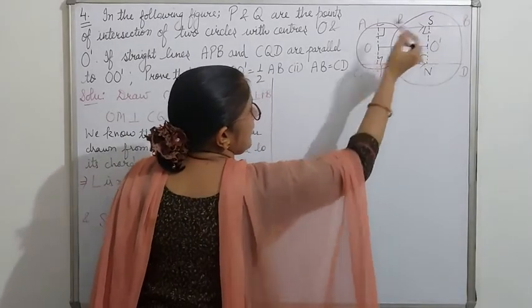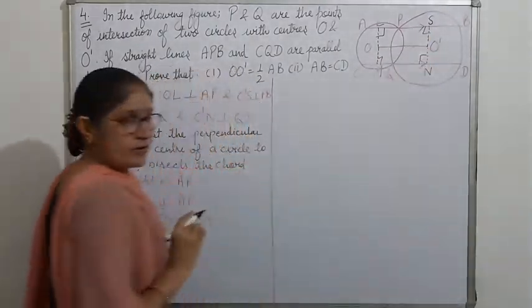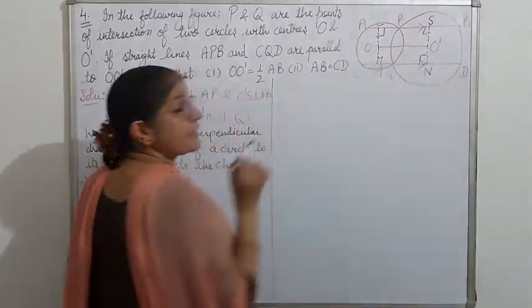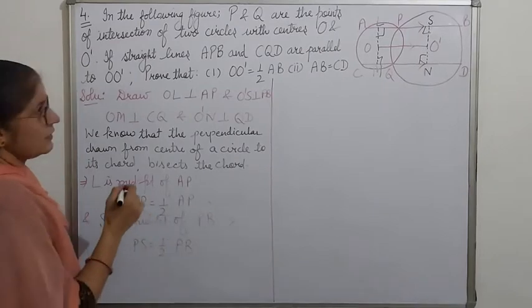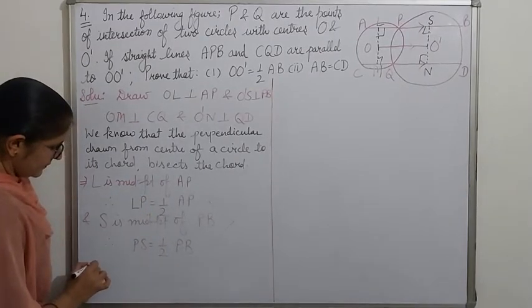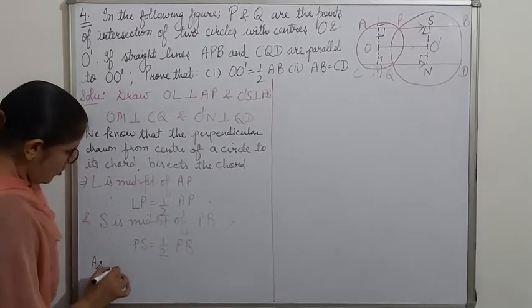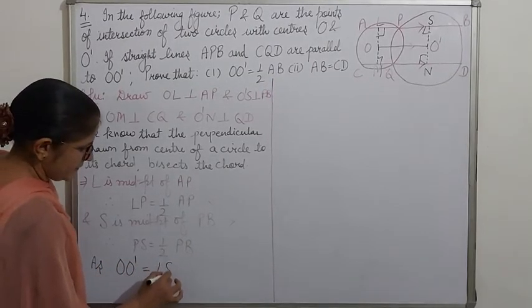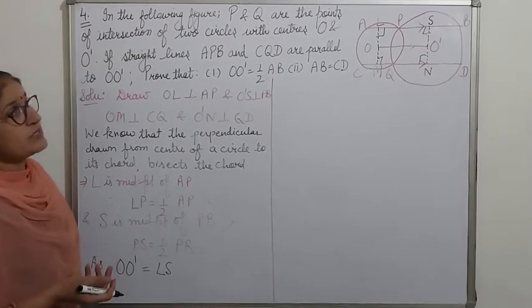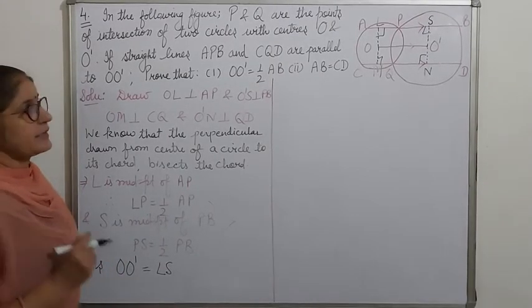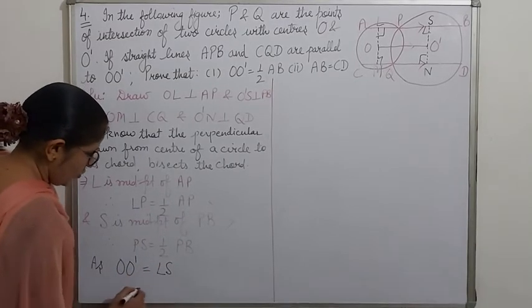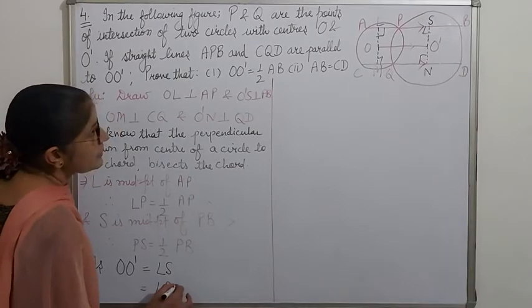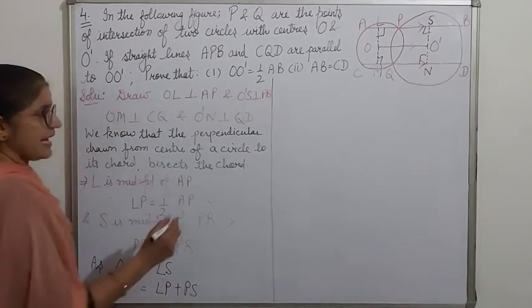When these lines are parallel, then LS will be equal to OO dash, or not? It will be, because it is a rectangle, if you see. As OO dash is equal to LS, opposite sides of a parallelogram, or you can say it is a rectangle. So, what is LS? LS is equal to LP plus PS.